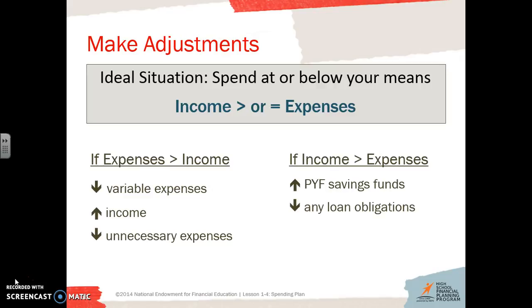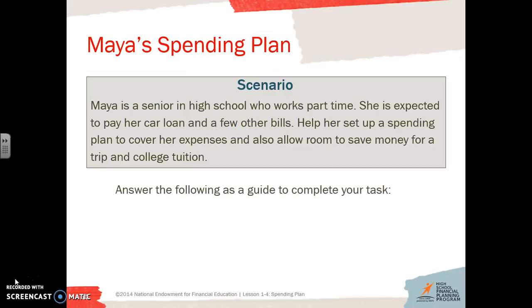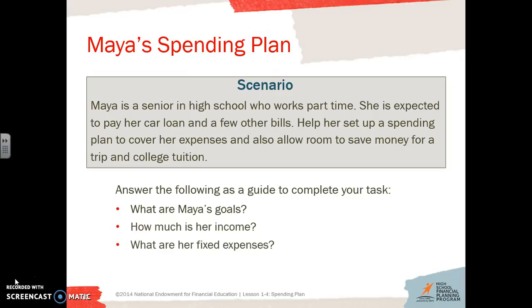So we've gone through the steps of how to create a spending plan. Now it's going to be your chance to create a spending plan for a girl named Maya. If you look in your notebook, you should have a sheet titled Maya's Spending Plan. Here's a little bit about her scenario. Maya is a senior in high school. She works part-time. She's expected to pay her car loan and a few other bills.